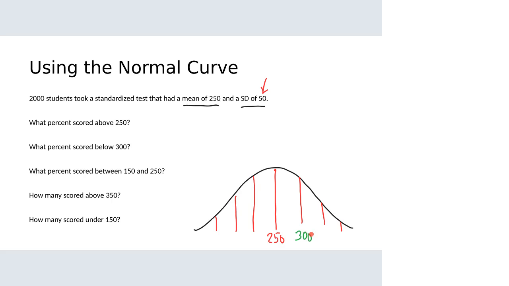Let me know if that 300 doesn't make sense and I can be more explicit. If that 300 makes sense, then my next question to you is, what numbers are going to go here? Like, okay, that's 2 standard deviations above the mean. So I went 50 to get there. What's going to be in the next spot?